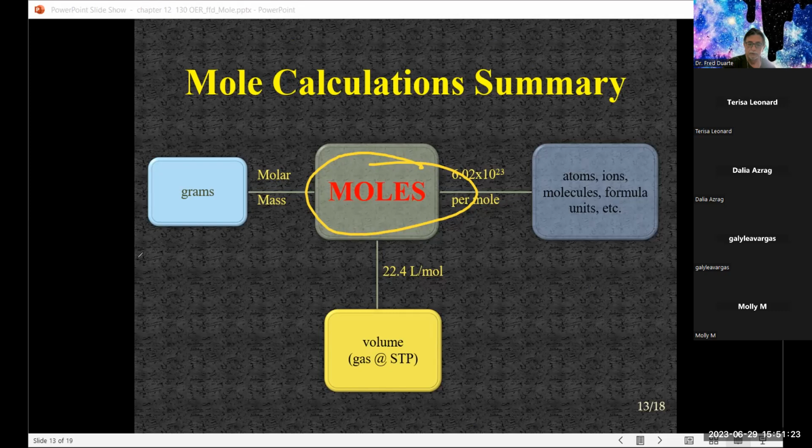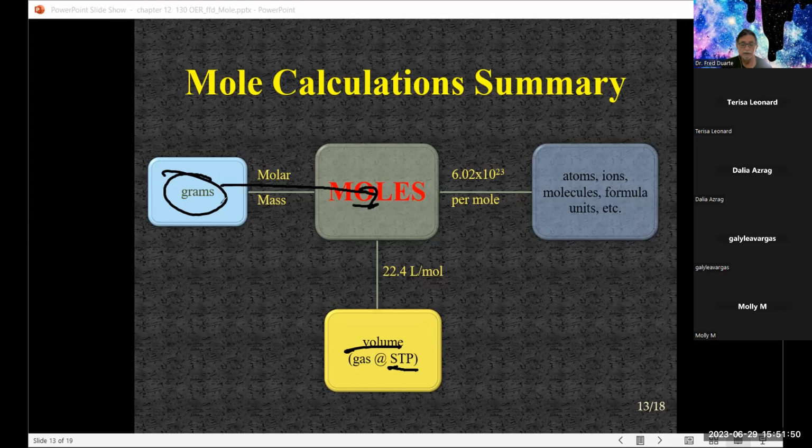So if you start off with grams and you want to get to volume, you have to be at STP, but you first have to get through moles.